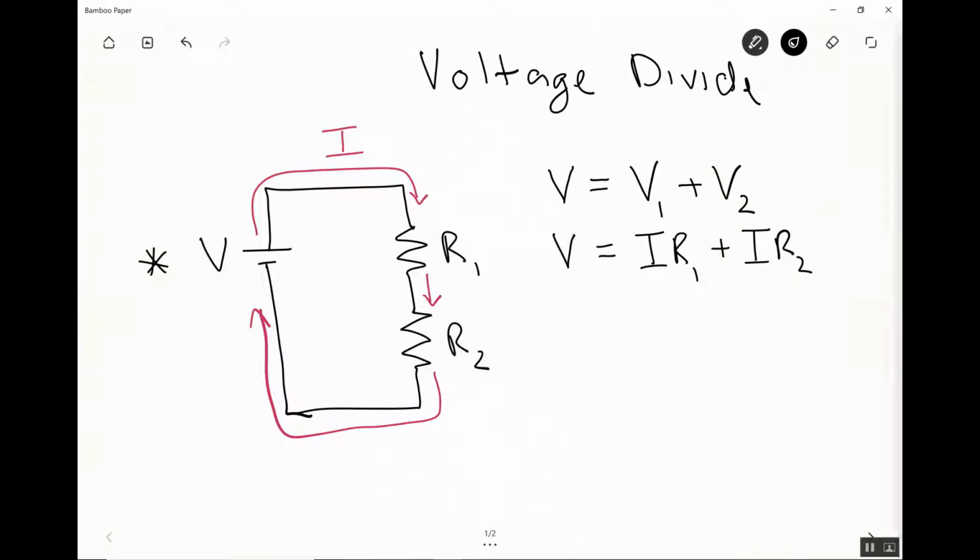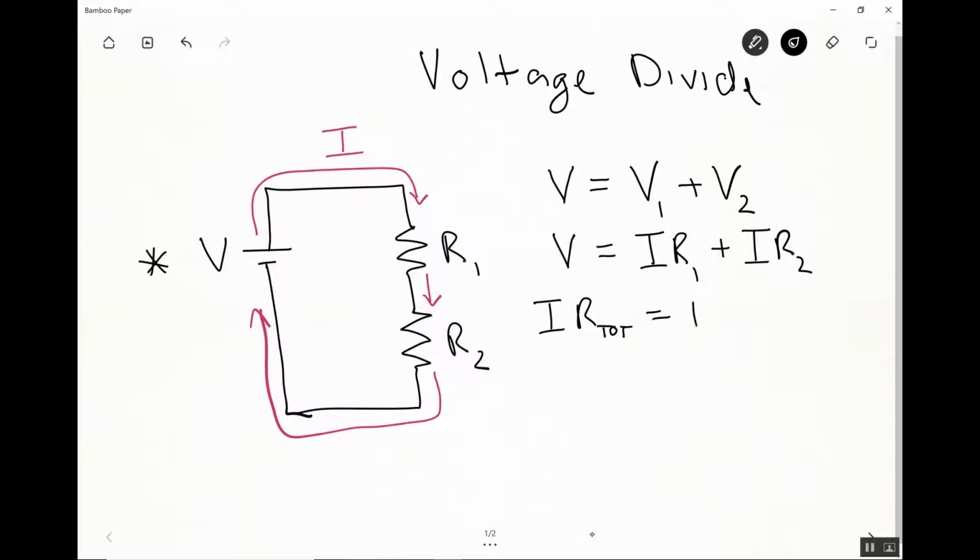All right. We can also say that V, the total voltage supplied to this circuit, is equal to the current flowing through the circuit multiplied by the total resistance of the circuit. So we could say V equals I times R total.